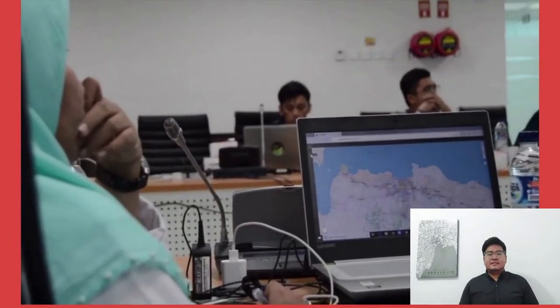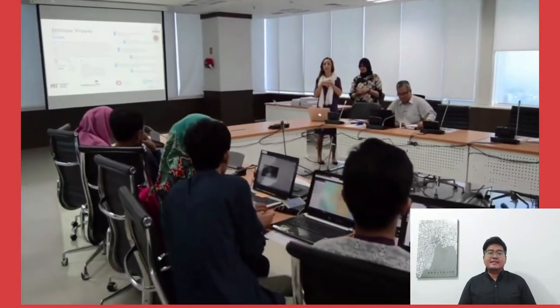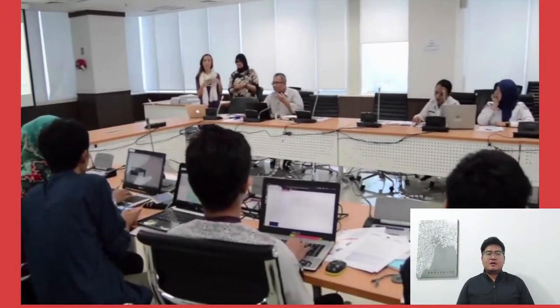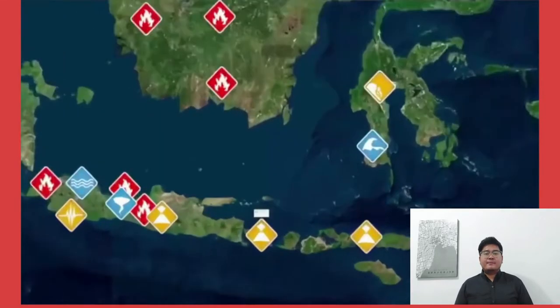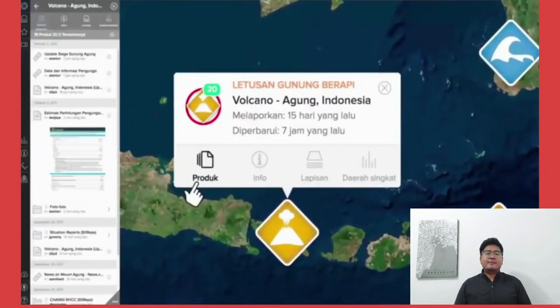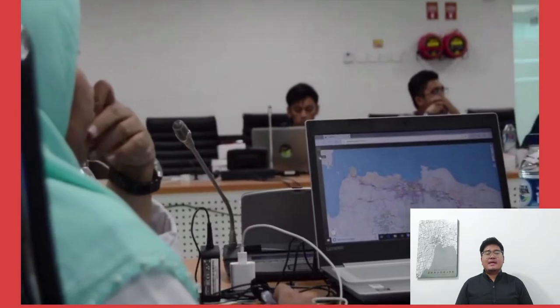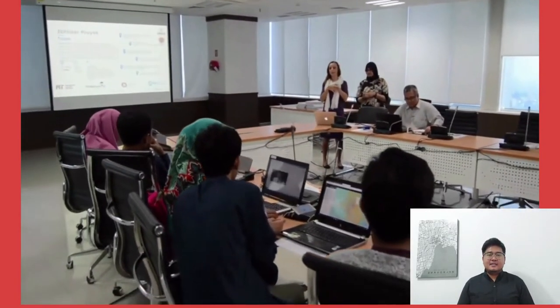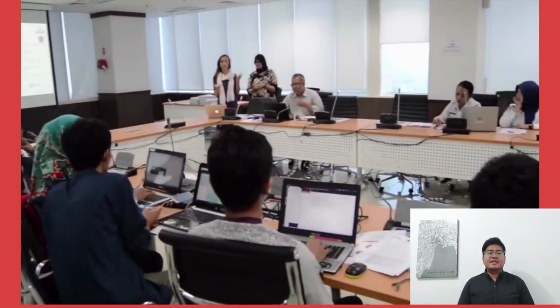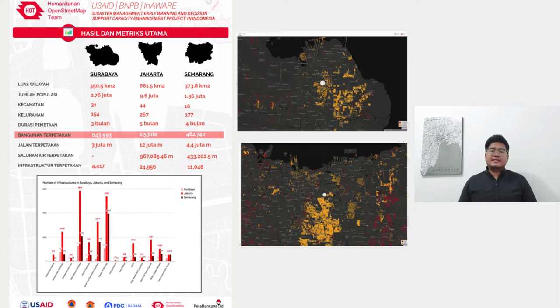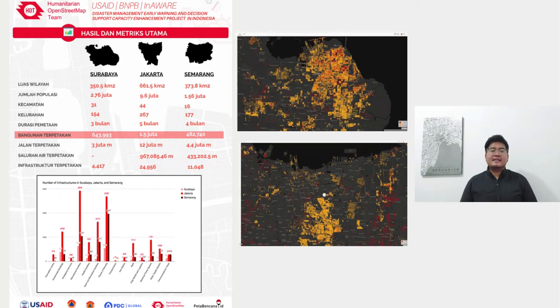From 2016 to 2019, the Humanitarian OpenStreetMap Team, or HOT, carried out the InAWARE mapping project, a participatory mapping platform, starting by mapping Surabaya, Semarang, and Jakarta. Those are three major cities in Indonesia. We collected all critical information on buildings, roads, and also infrastructure related to disaster management and uploaded it into OpenStreetMap.